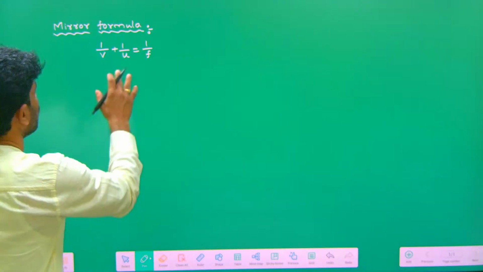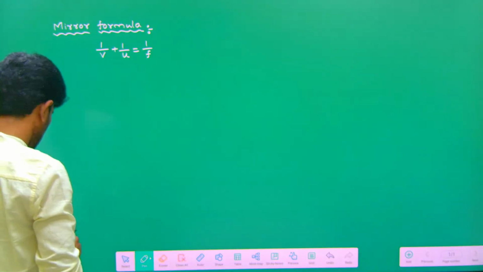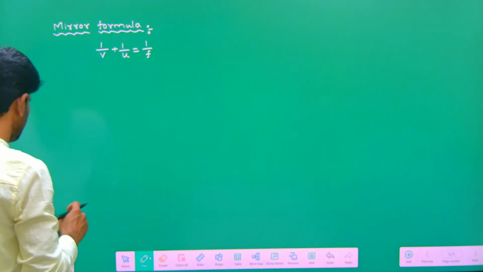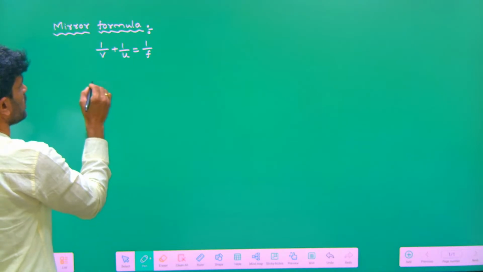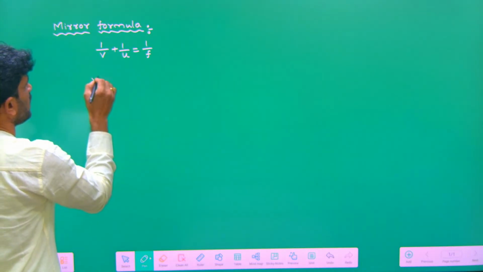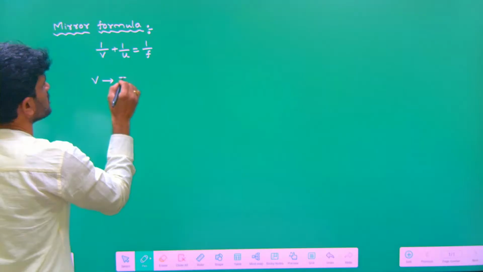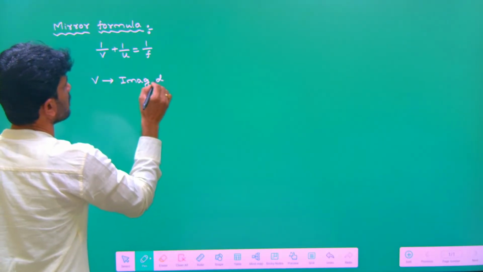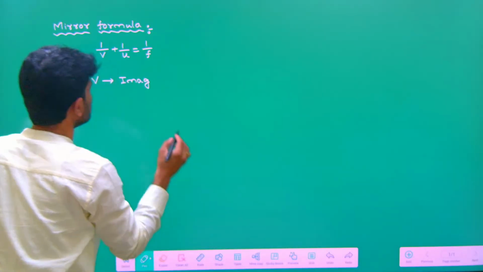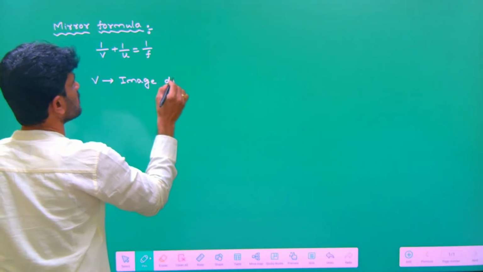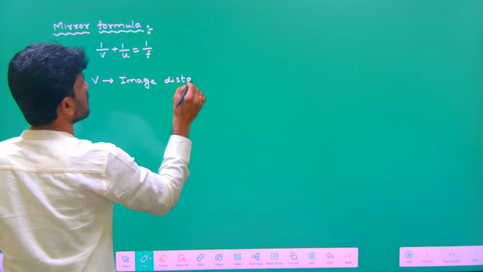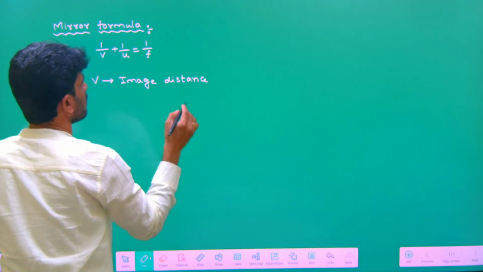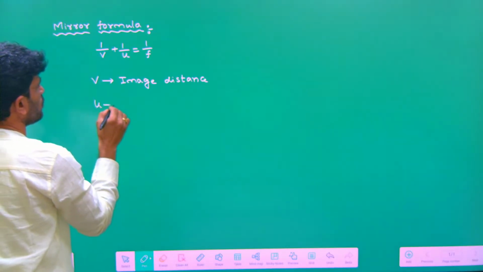So here we have to know what these terms are also. Here, what is v? v indicates image distance. And then u is what?